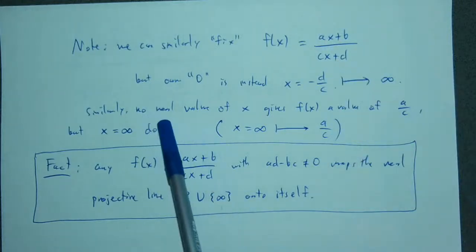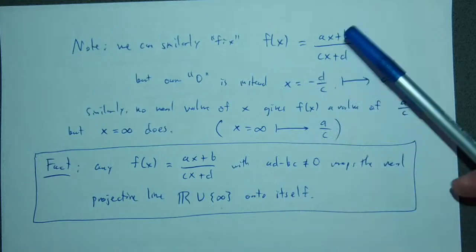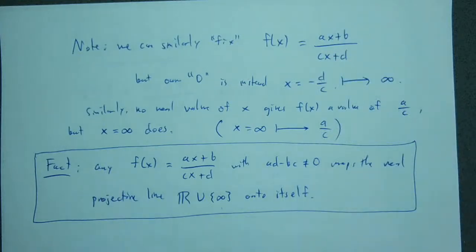No real value of x gives f of x a value of a over c, but x equals infinity does, or at least if we define it to be that way, then it does. And so using this description of fractional linear transformations, this function maps a projective line, which I'm calling R union infinity, to itself.